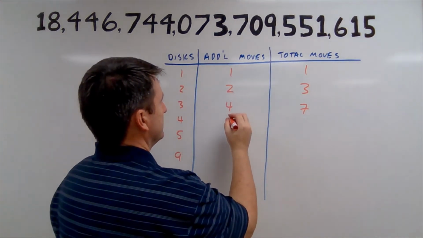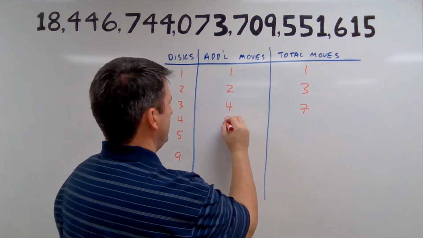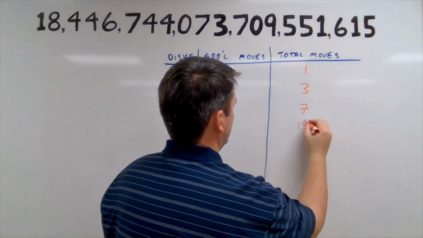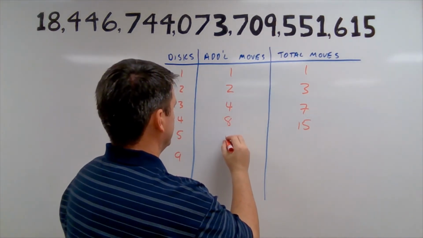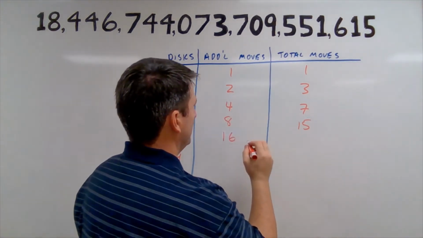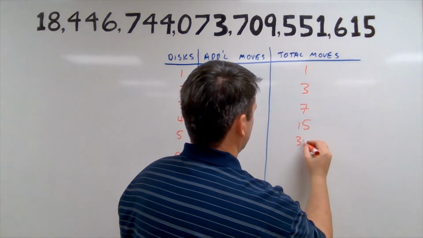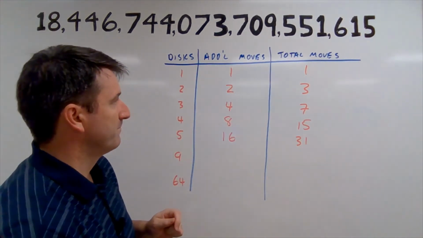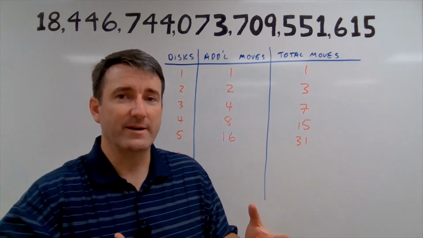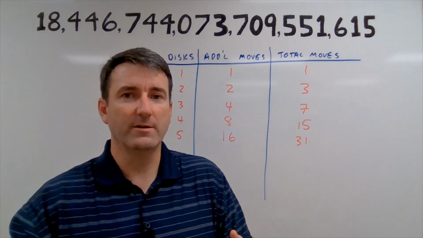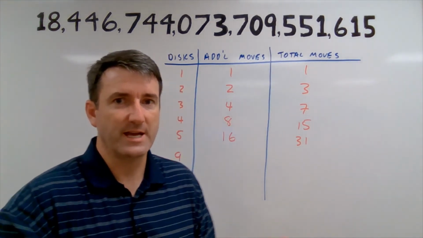Four disks took us an additional 8 moves for a total of 15 moves. And 5 disks would have taken us an additional 16 moves for a total of 31 moves. All right, so we can see here that we've got the same type of pattern happening that we saw in our grains of rice on our chessboard.